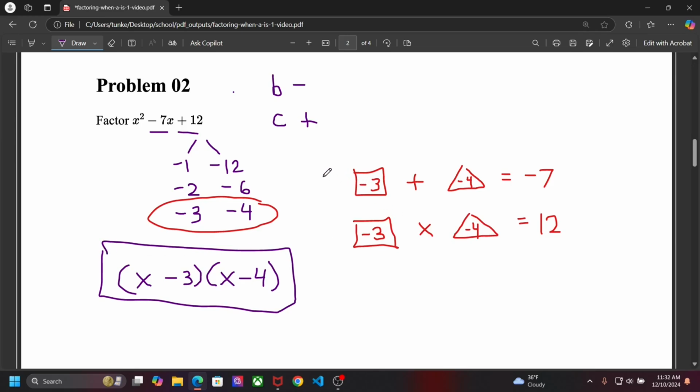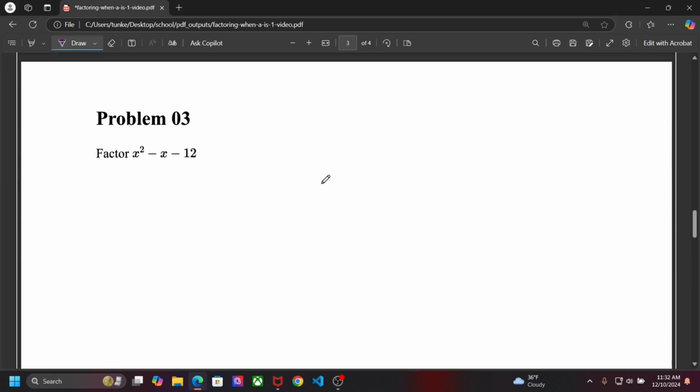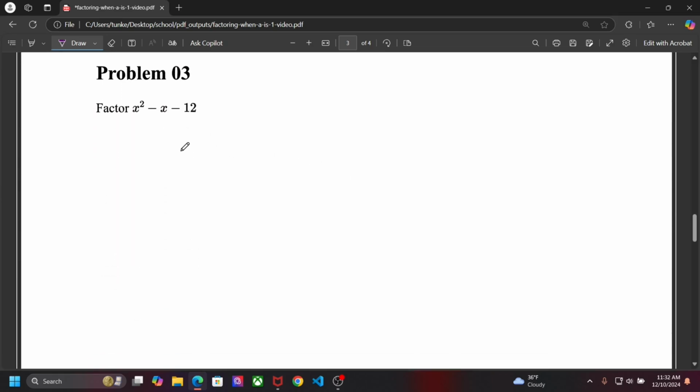Okay, let's go on down to the next example. So in this example, I have the number in front of x. In this case, it's -1. We don't write the 1. So b is negative. And the number in front of 12, or the last number, 12, is actually -12.